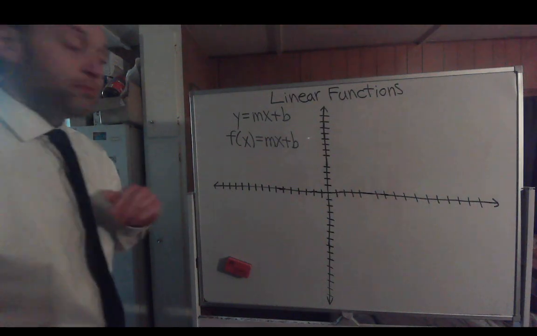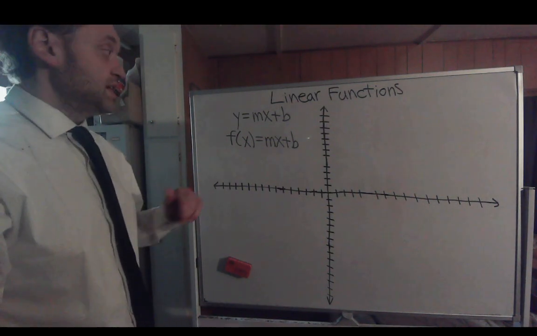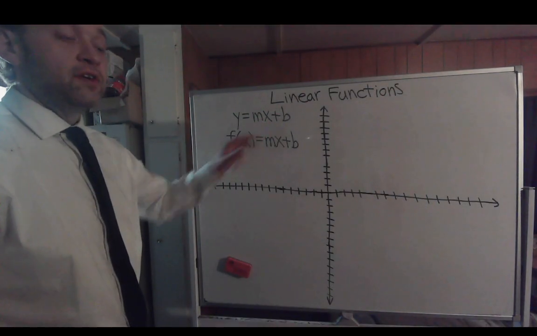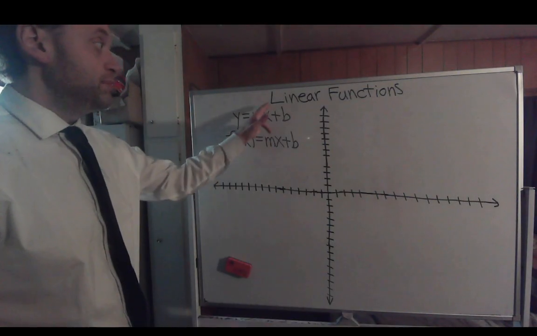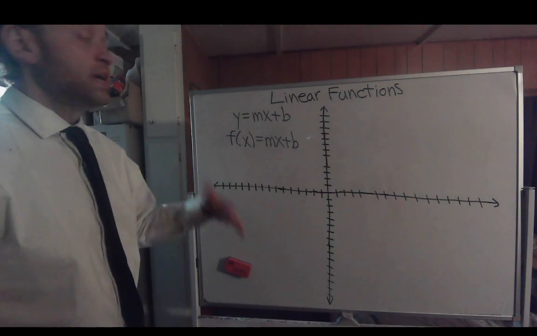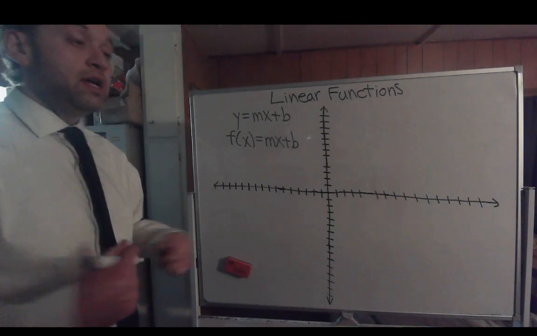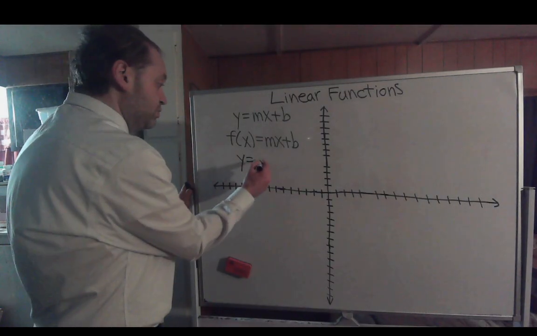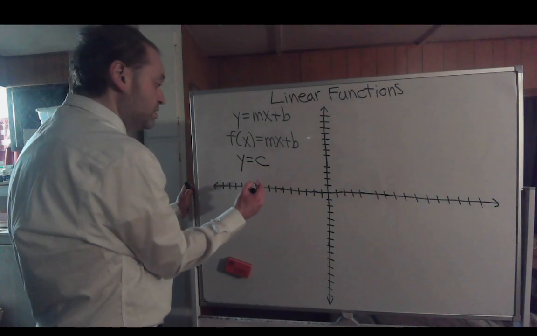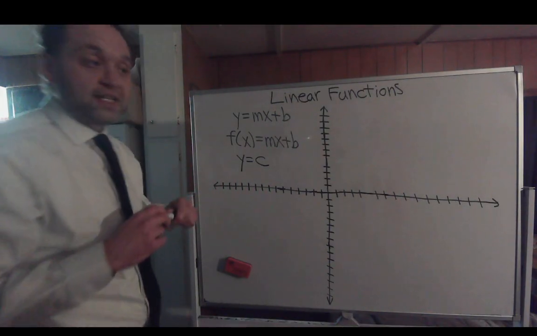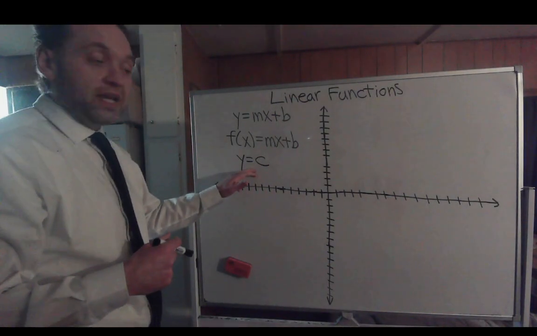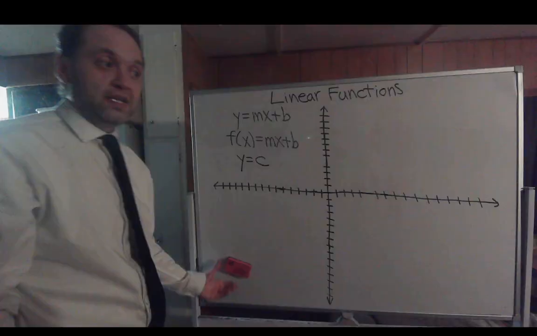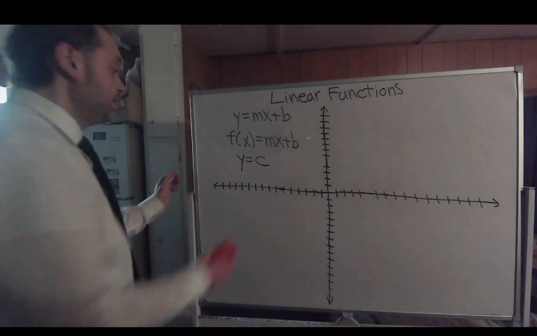And the thing about linear functions is you always have the highest degree of the equation for the x variable being to the first power. The only exception to that is if you have y equal to some constant, which ultimately would be x to the 0 power. If y equals a constant, you get a horizontal line. That's still a linear function. It's implied in the name line.